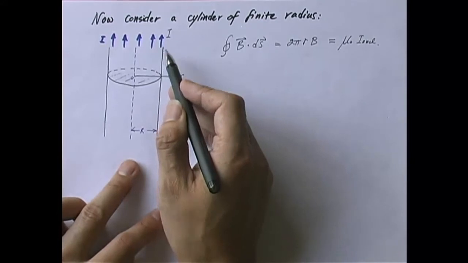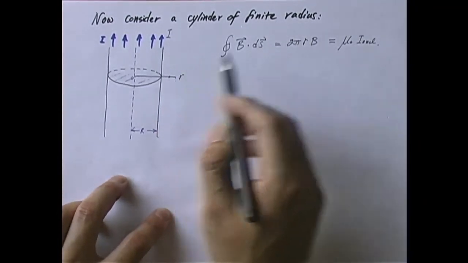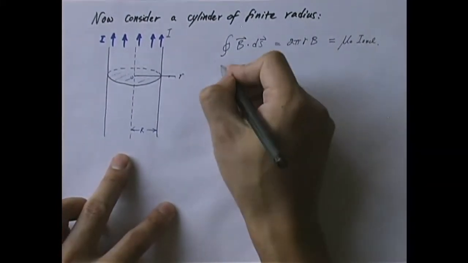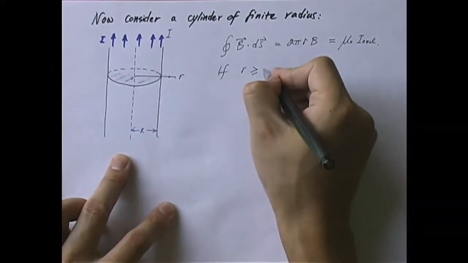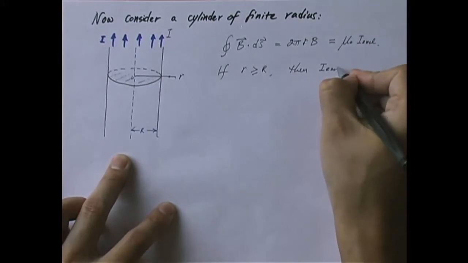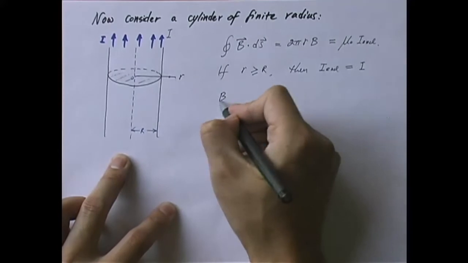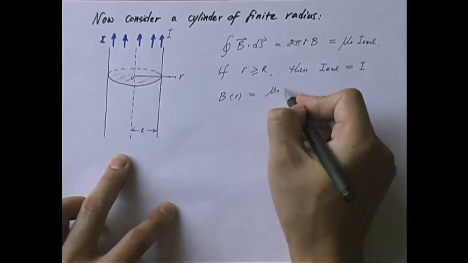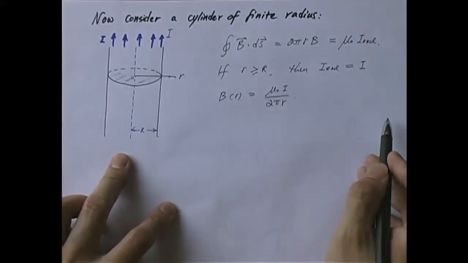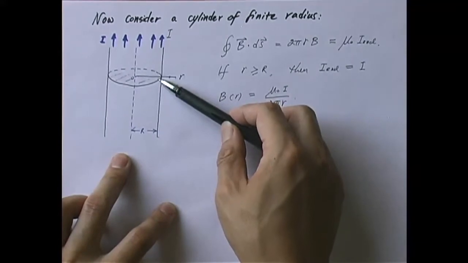So if you're looking at the magnetic field lines outside, you just replace I enclosed with the total current I. If r is greater than or equal to the radius, then I enclosed simply equals the total current I, and therefore B would be equal to mu naught I over 2 pi r. That is the same result as before. So you cannot tell how thick the cylinder is if you're outside it.